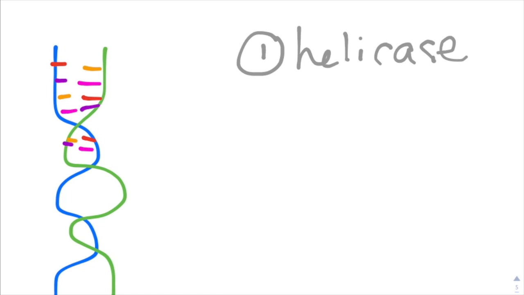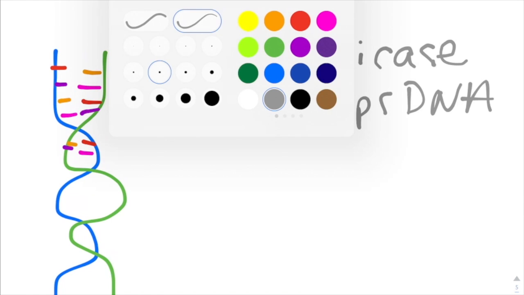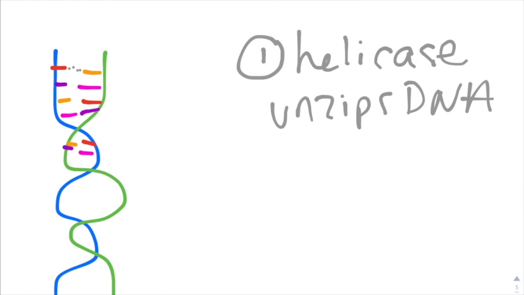By unzipping the DNA. What enzyme unzips the DNA? Well, that's going to be helicase. So the first thing that happens is helicase unzips DNA. So in between these bases, there are hydrogen bonds.